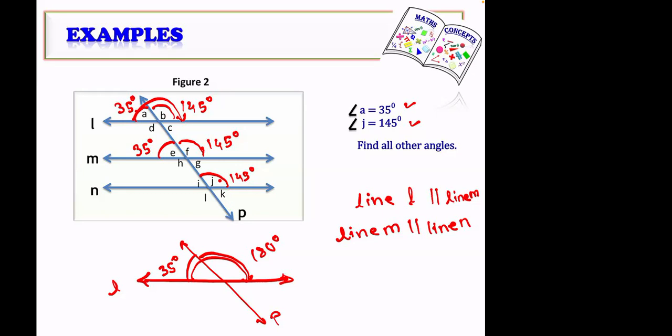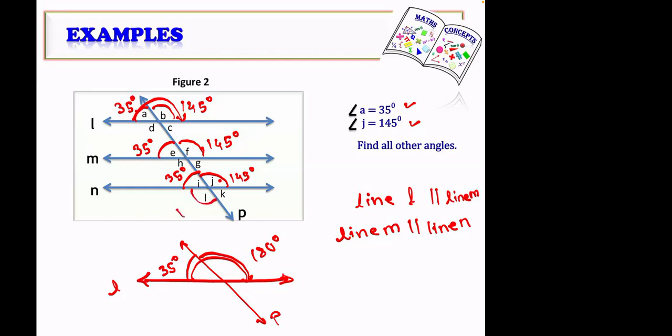Okay, next Soham, tell me the measures of I and L. Measure of I is 35 degrees and L is 145 degrees. Absolutely right. Why is L 145 degrees, Soham?